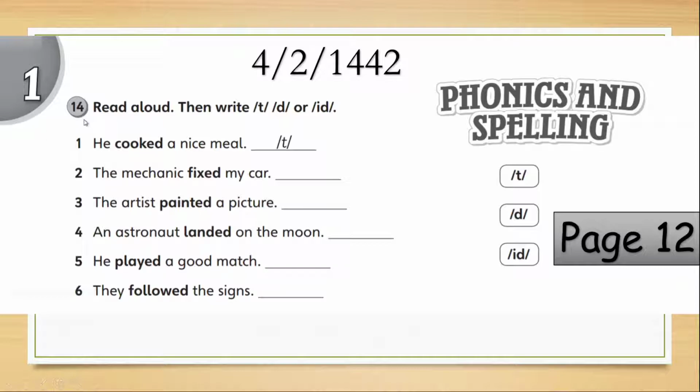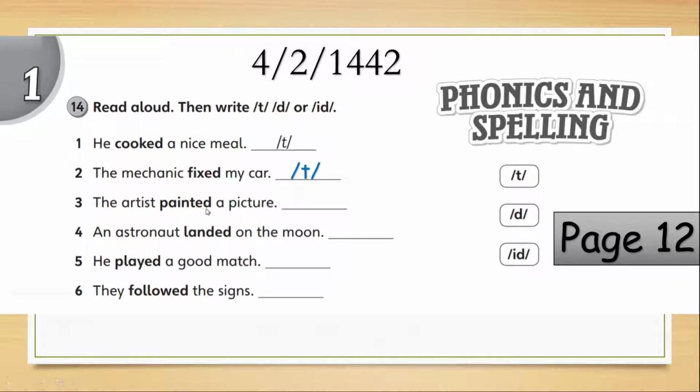And let's start. Read aloud, then write t, d, or ed. Number 1. He cooked a nice meal. Cooked. T. Number 2. The mechanic fixed my car. Fixed. Before the ed we have x. It's the t sound. Number 3. The artist painted a picture.